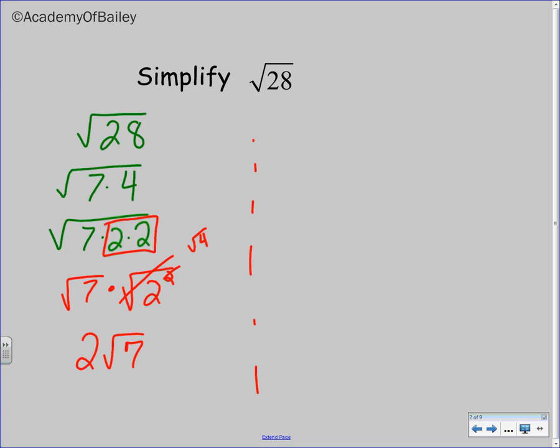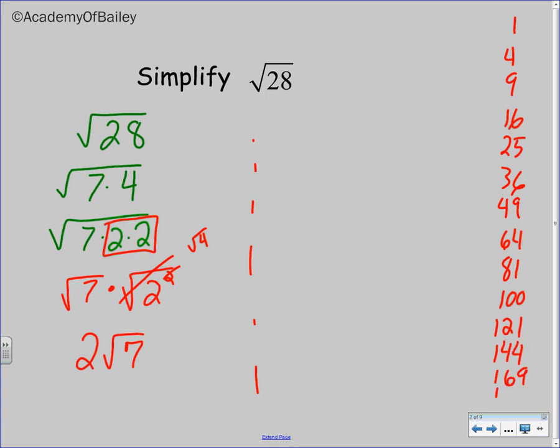The method that I would like you to use is to have these numbers memorized: 9, 16, 25, 36, 49, 64, 81, 100, 121, 144, 169, 196, and 225.